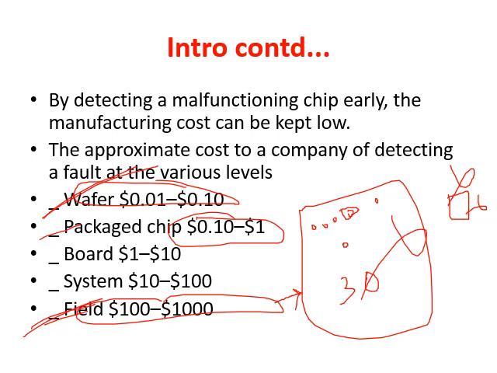And the minimum cost is at wafer level, because all the ICs are present on a single wafer. From wafer level to package level, we are enclosing that IC in a black package. There are different packages. This is called dual inline package, where on the two sides we have the input pins and output pins.